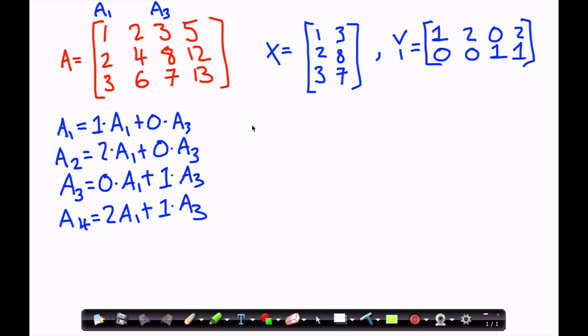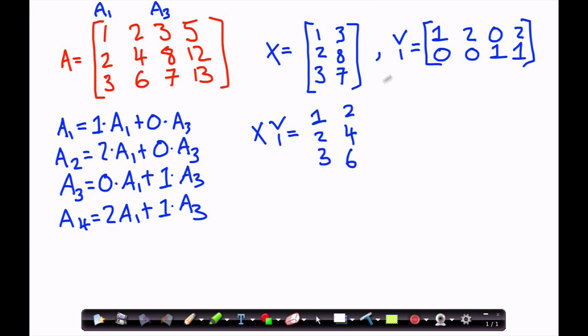Okay, so now if we look at the product of X and Y, well, the first column of this product is just going to be X times the first column of Y. And when we take the product of a matrix and a vector, we just use the vector to give us a linear combination of these columns, right? So the first column of X times Y is going to be just the first column of X. So that's 1, 2, 3. The second column of X times Y is going to be 2 times the first column of X. So that's 2, 4, 6.